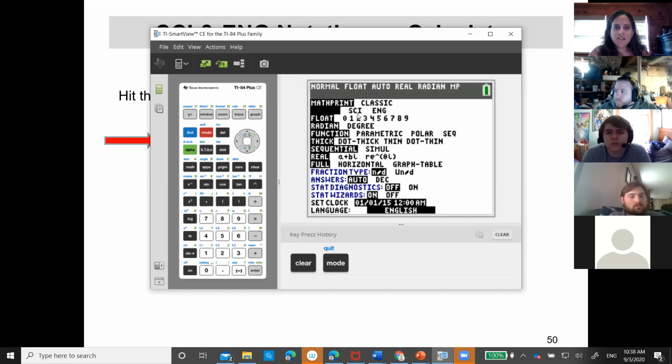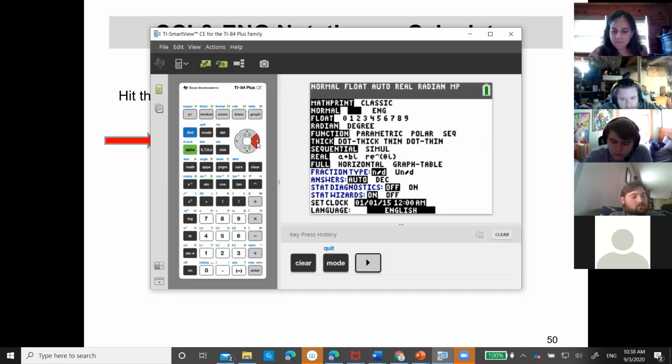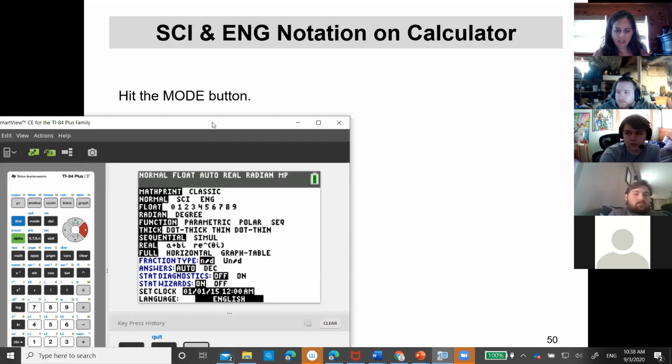All right, so for scientific notation, to get over there, just arrow to the right and you can hit scientific. I can show you. So let's practice with this number here.